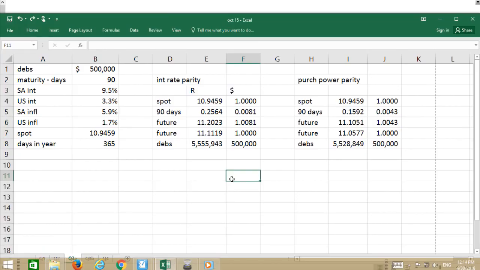Okay, so that was quite easy, right? And then all they did was ask you to calculate what the debentures would be worth.